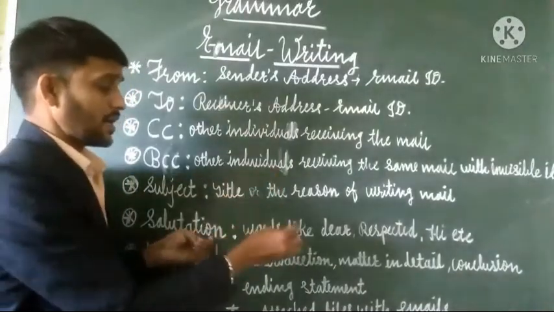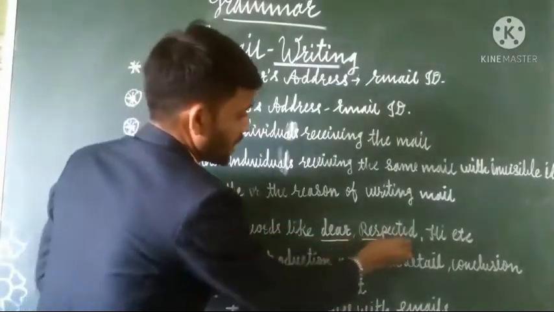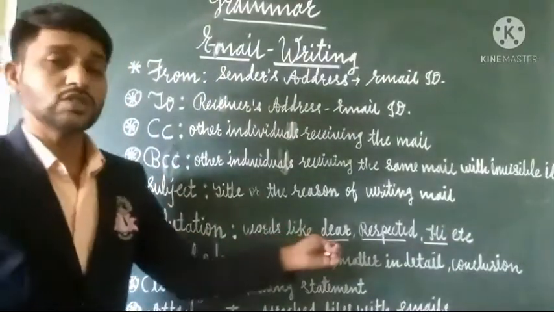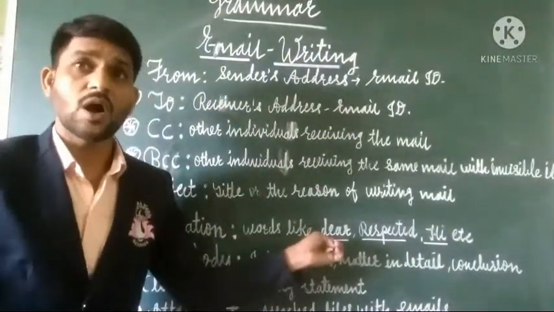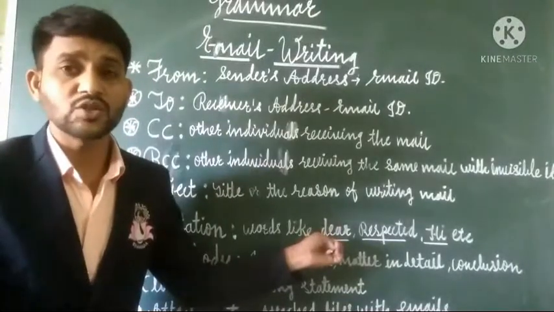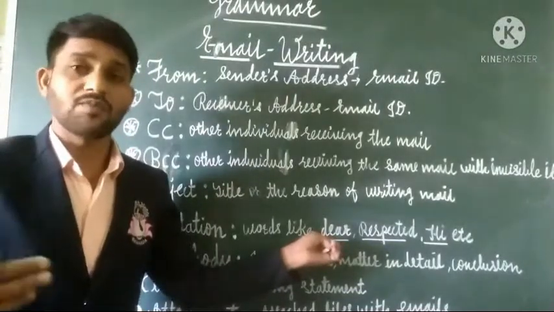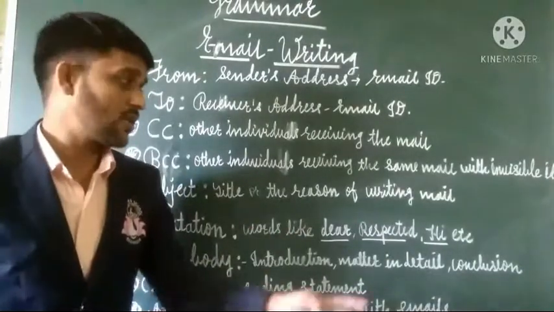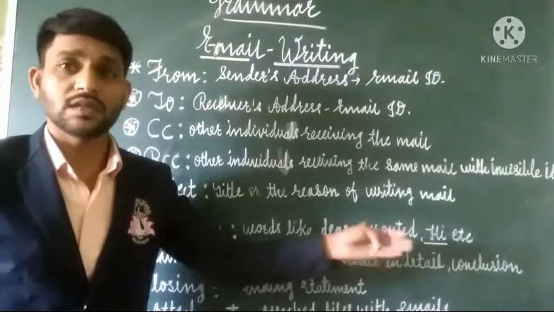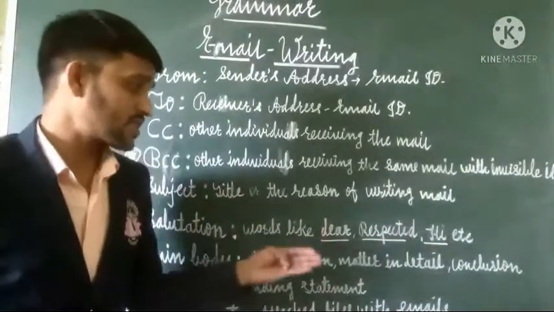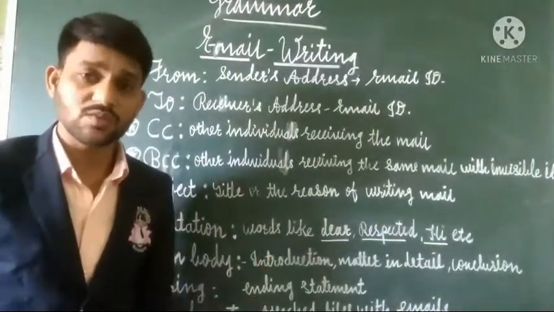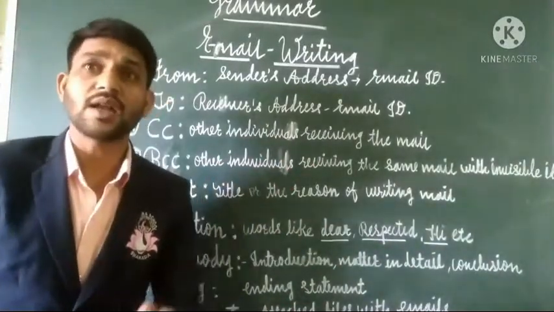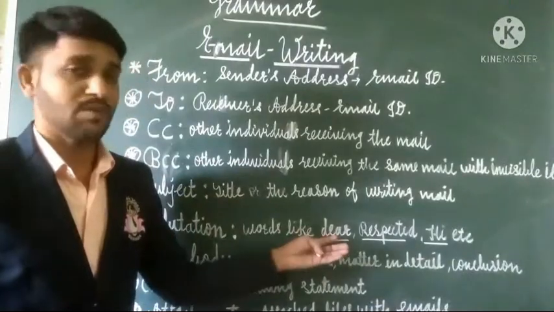Words like dear, respected, hi, etc. can be used according to how you are sending the email. If you are sending an official email, then you have to use respected. And if you are sending to your friends, your dearest ones, then dear, hi, in such an informal way you can write it in your email.